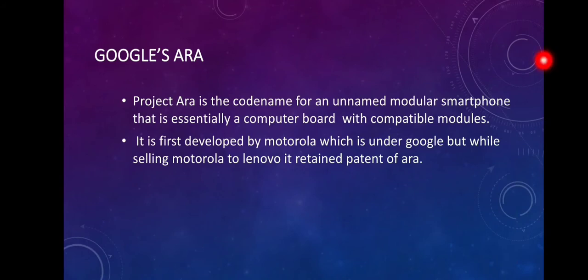Google's ARA is the mainstream project about modular mobile phones. Project ARA is the code name for an unnamed modular smartphone that is essentially a computer board with compatible modules. It was first developed by Motorola, which was under Google, but while selling Motorola to Lenovo, Google retained the patent of ARA.